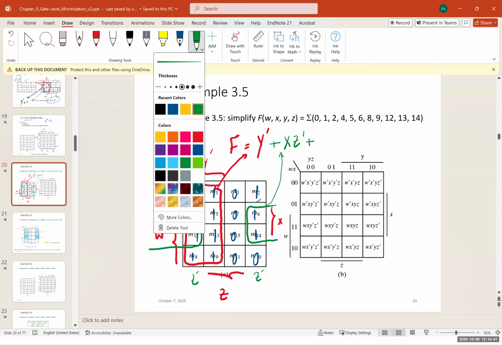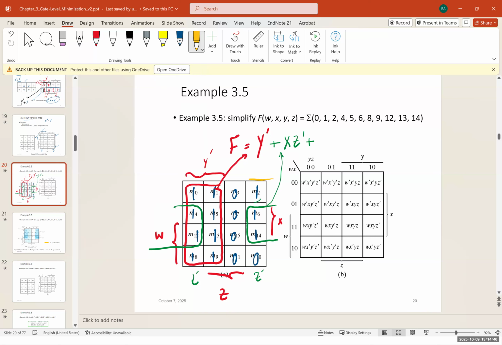Let's say, I don't know, yellow. Better option is to combine these 2 ones with these 2 ones. And the yellow one would be equal to what? It's going to be equal to w prime z prime. So it's going to be y prime plus x z prime plus w prime z prime.